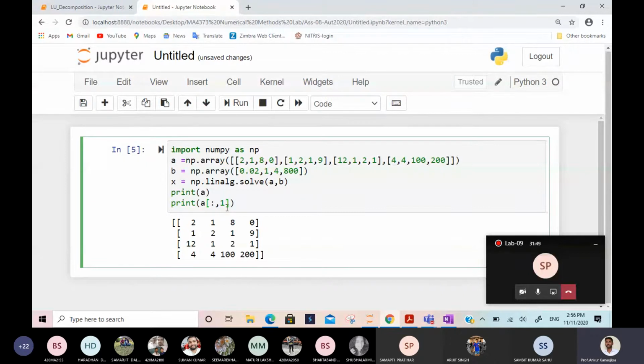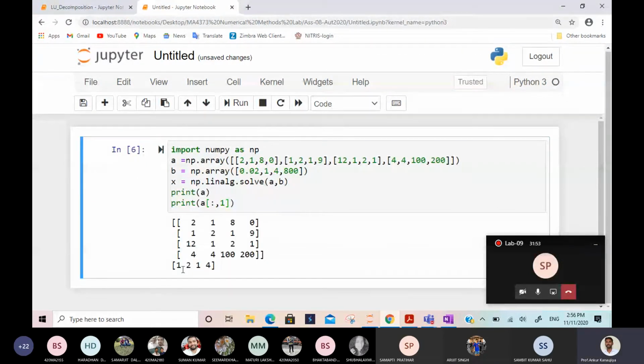So this one will give the second column. Let us see. It is giving the second column 1, 2, 1, 4. If I write here number 2 or number 3, it will give the last column. And 0, if I write, it will give the first column. So it is giving the last column 0, 9, 1, 200.